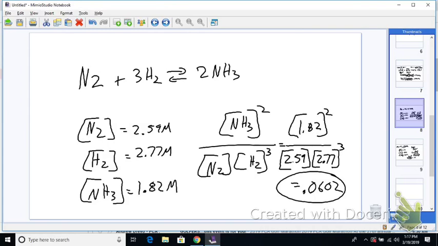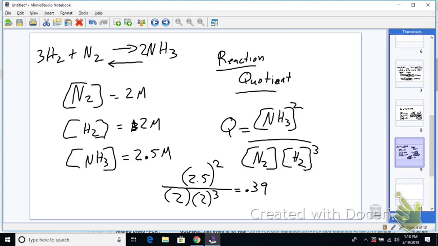And if the value doesn't come up to, in this example, 0.06, we know it's not in equilibrium, and we can tell which way it's going to shift. This one's going to shift left. If it's going to be smaller, it's going to shift right. So if it's bigger, it shifts left. If it's smaller, it shifts to the right. Okay? And you guys will know more about that in a little bit.